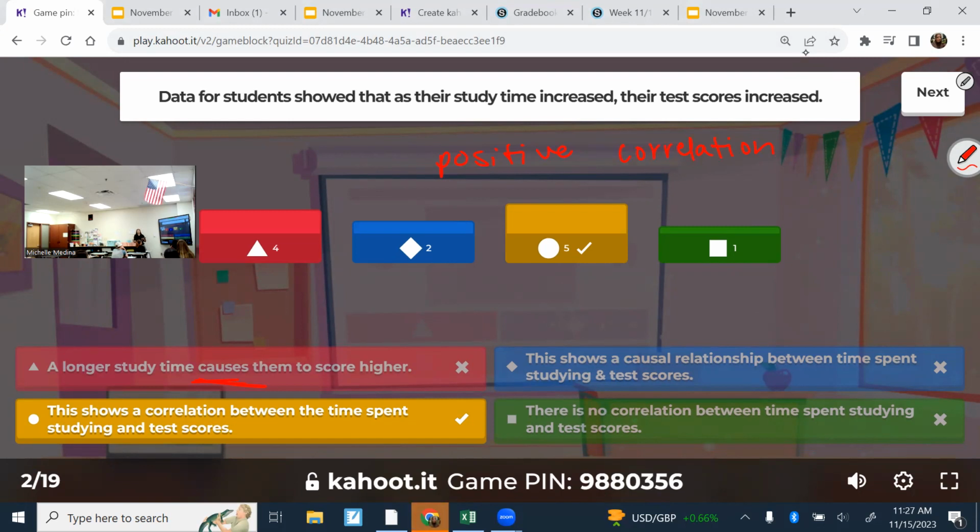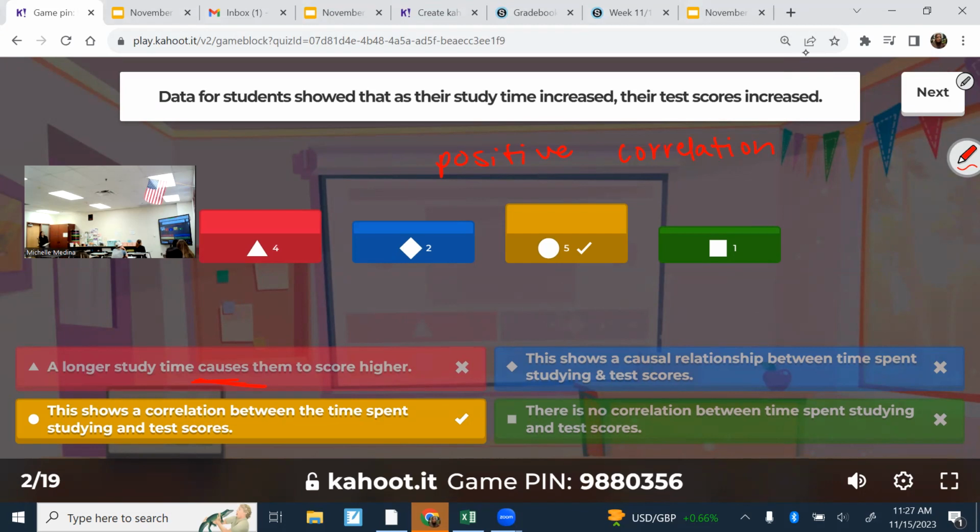And can't there be kids that don't need to study at all and still score well? So even though that is usually a factor in how you score on a test, there's not a cause and effect relationship there because there are other factors that affect it. Okay, so you cannot say there's causation even if there's a strong correlation.